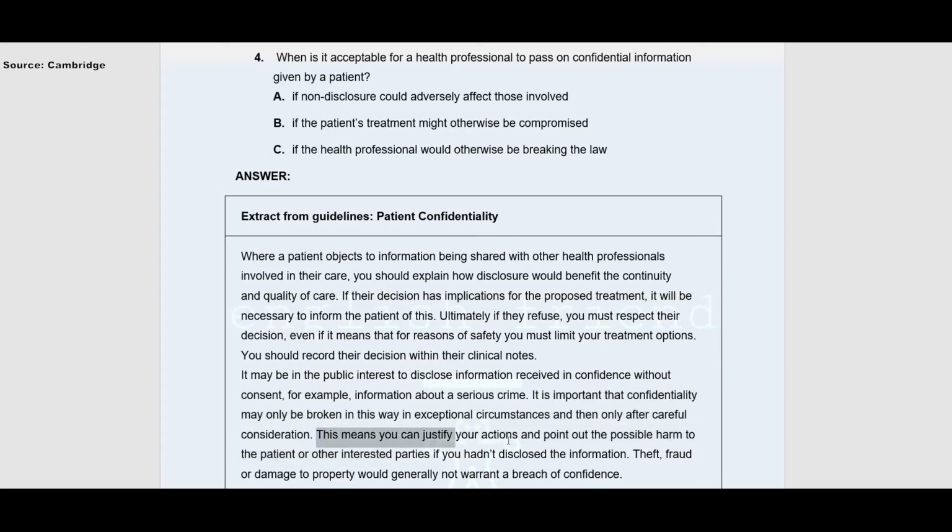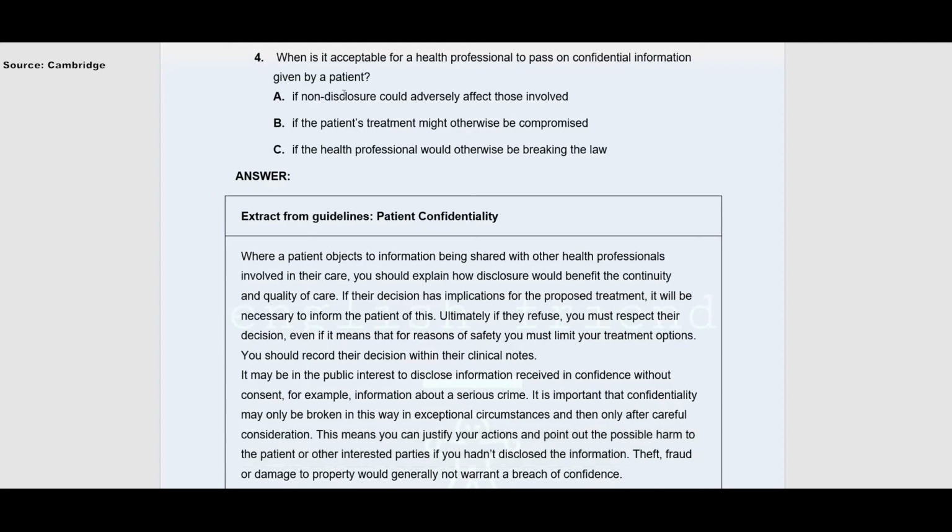This means you can justify your actions and point out the possible harm to the patient or other interested parties if you had not disclosed the information. Theft, fraud, or damage to property would generally not warrant a breach of confidence, which means it is clear from here that if it is harmful to the patient or other interested parties, then the health professional may pass on the confidential information, and that is not considered as a breach of confidence.